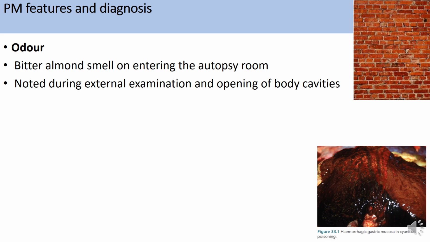With external examination, as I explained earlier with carbon monoxide poisoning, you can think about hypostasis, and then internal organs, blood, mucous membrane. Each and every part is deeply red in color.